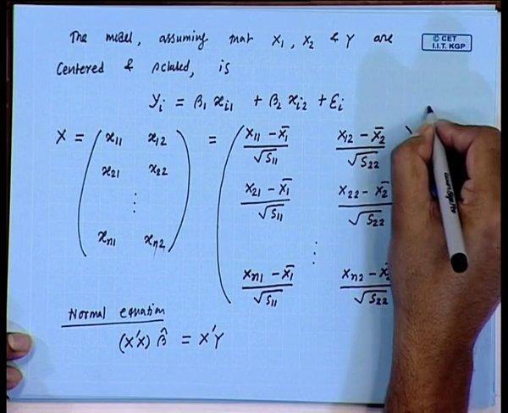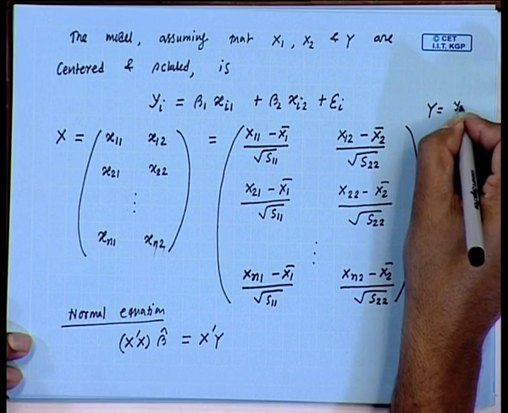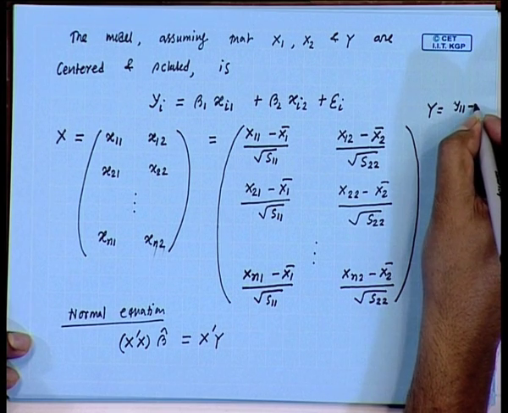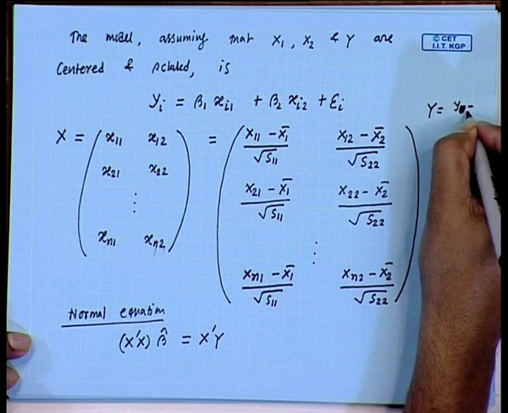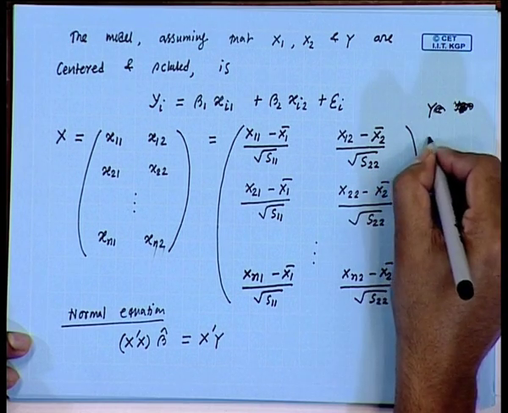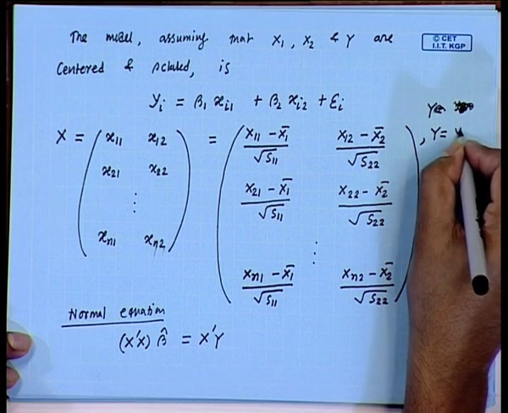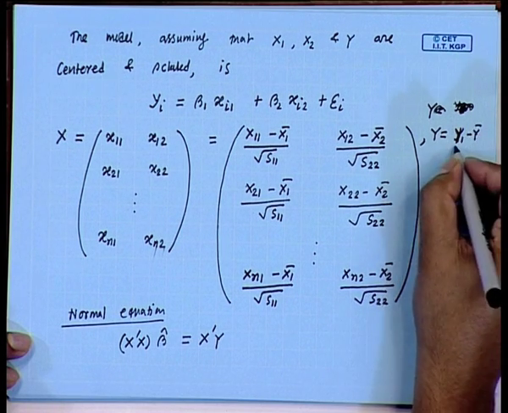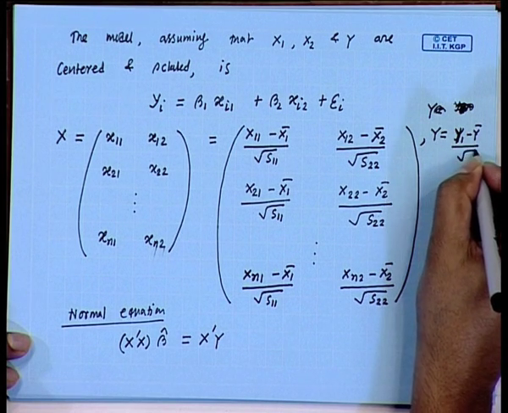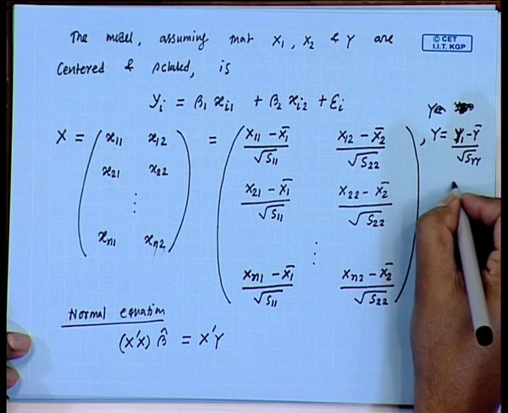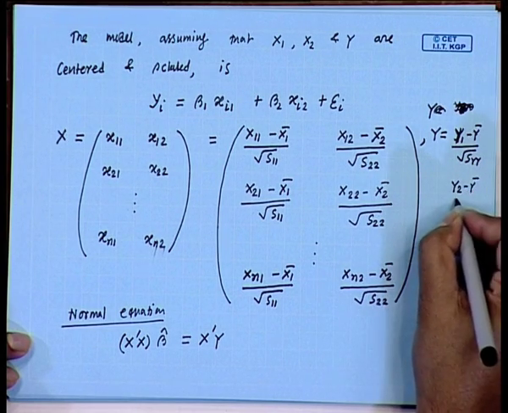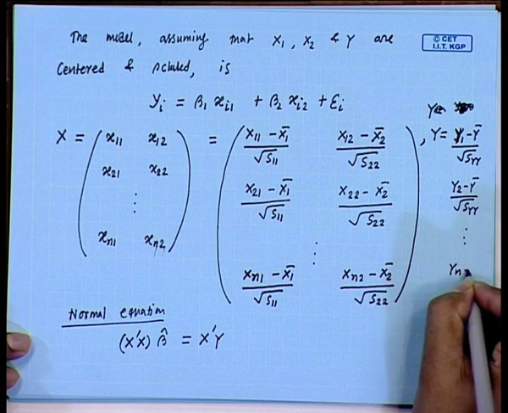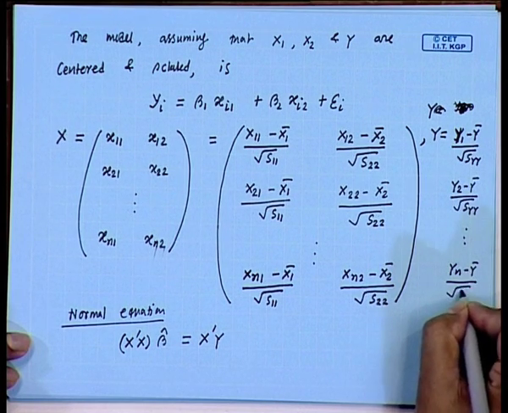Y, in matrix form, is y equal to capital Y1 minus y bar by root of syy, Y2 minus y bar by root of syy, similarly, Yn minus y bar by root of syy.